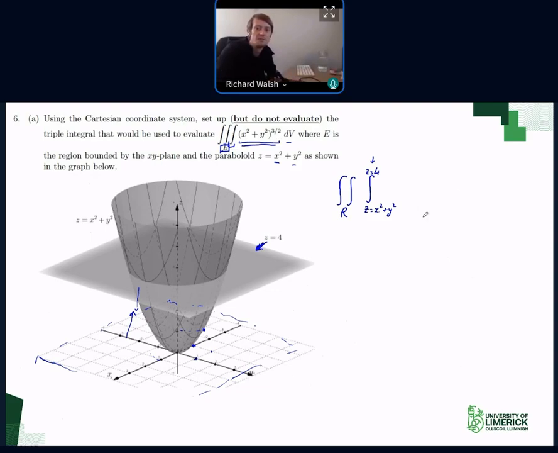I have my term here. Sorry, oops, I nearly missed that. That's 3/2. And dV is a volume term, so I have to put dz there because my inner integral now is in z. So dz has to be the inner term on the other side as well.